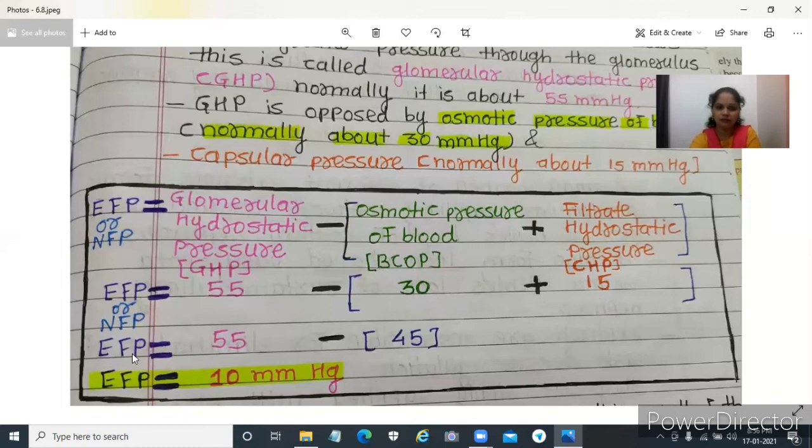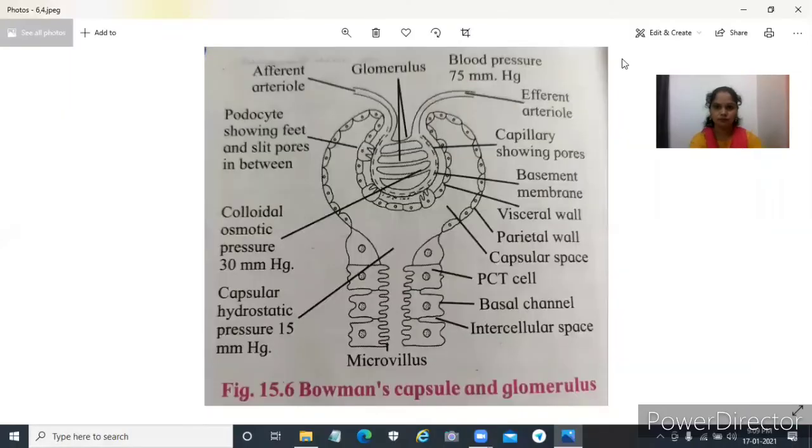Now the EFP or net filtration pressure is 55 minus 45. That's the total EFP, meaning the total pressure of ultrafiltration, which is about 10 mmHg. Now the next one: due to this high pressure, the glomerular filtration rate is about 125 ml per minute or 180 liters per day.